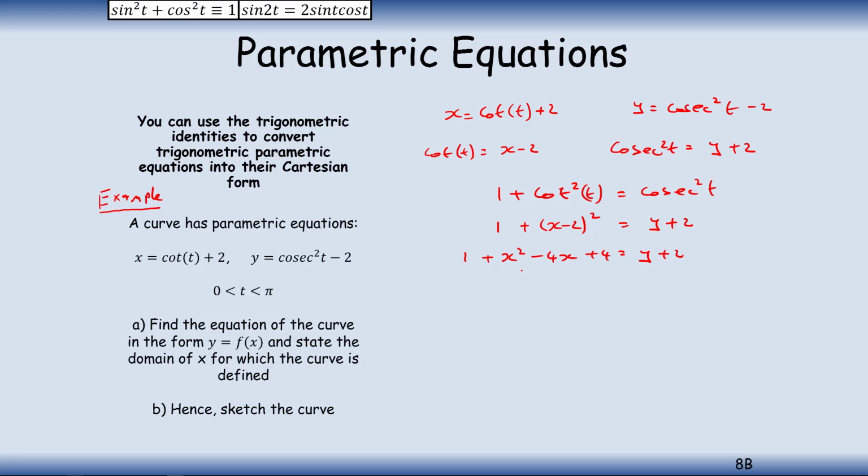If I simplify that, I've got x squared minus 4x. 1 plus 4 is 5, but I subtract the 2 on the other side, so it will be plus 3, equal to y. And I've got my Cartesian equation, and I know you're happier with it in this form: y is equal to x squared minus 4x plus 3.